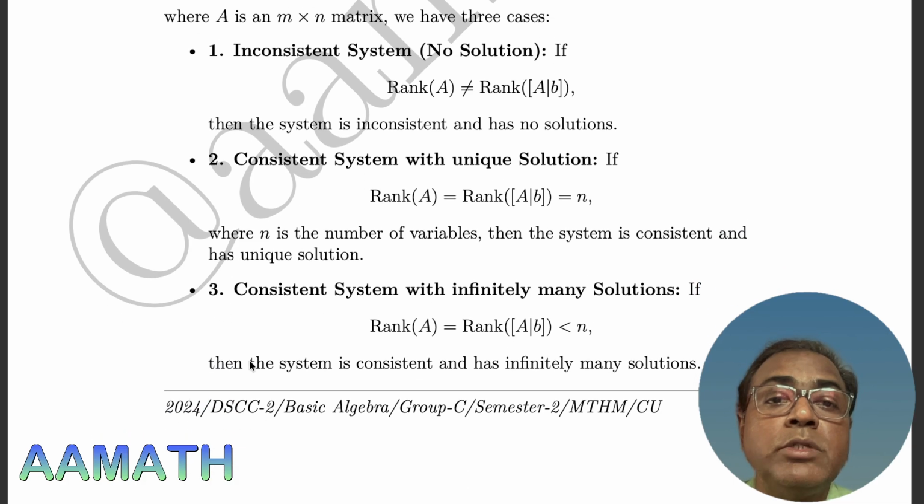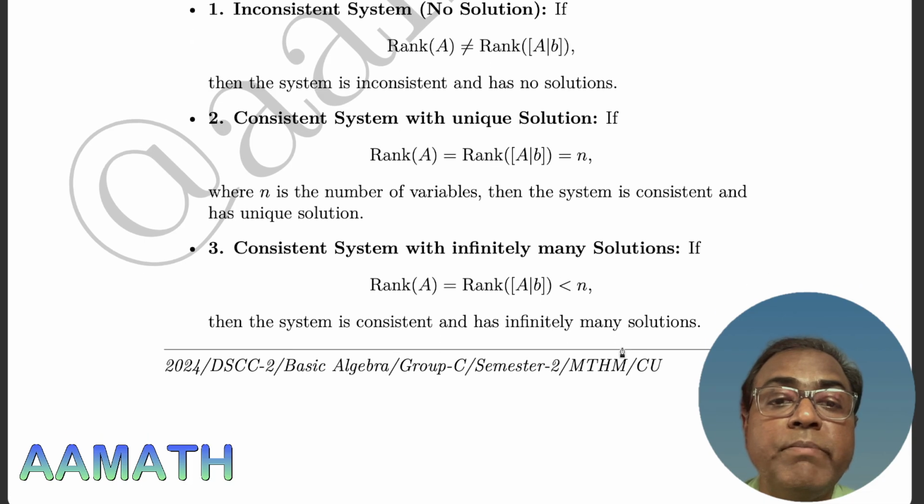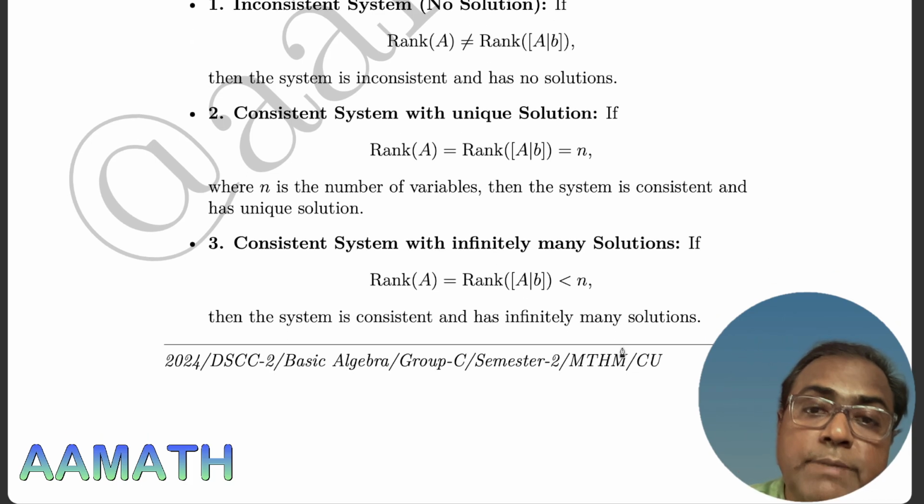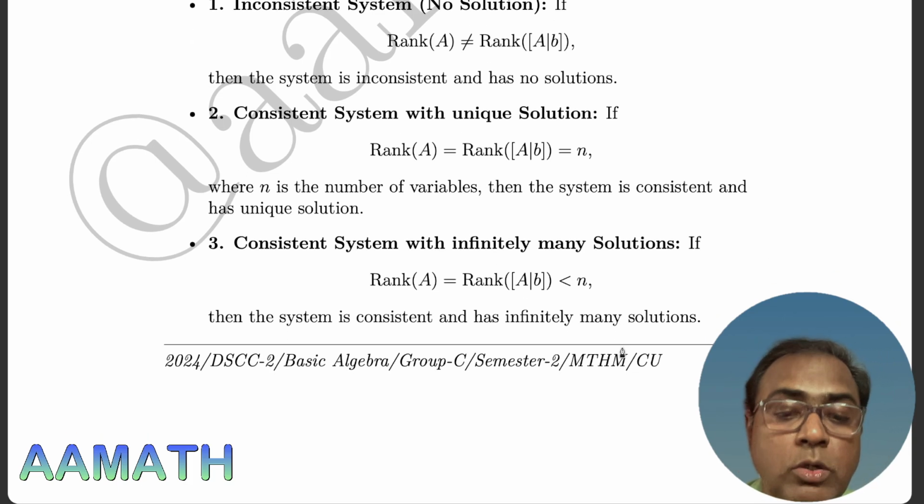Case 3, system with infinitely many solutions: if rank A equals rank AB, which is less than n, then the system is consistent and has infinitely many solutions.